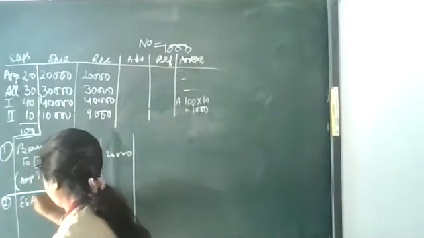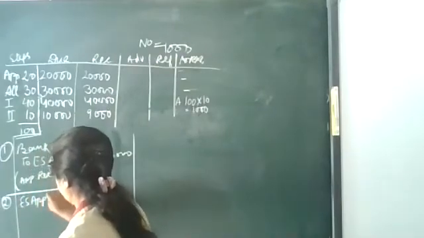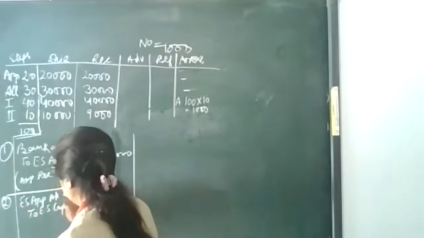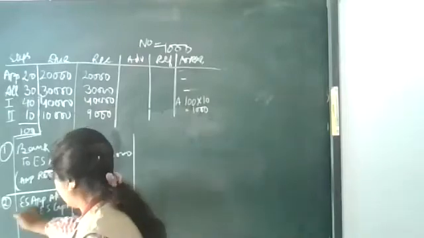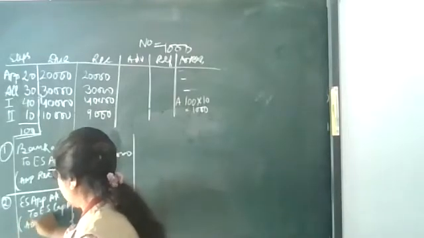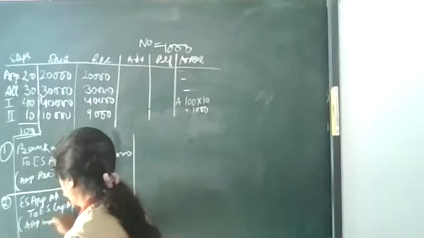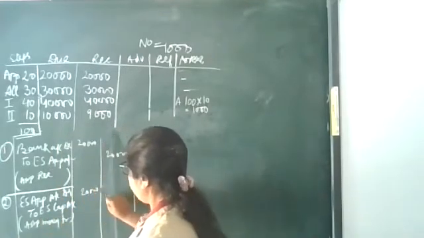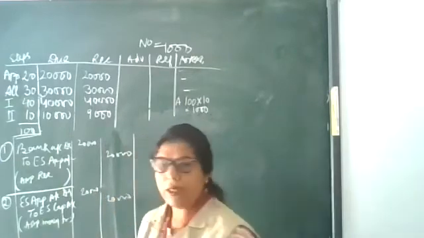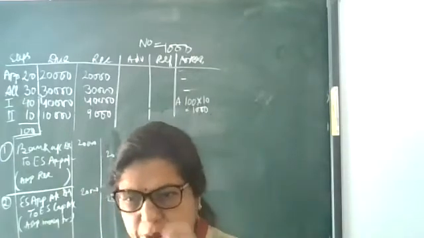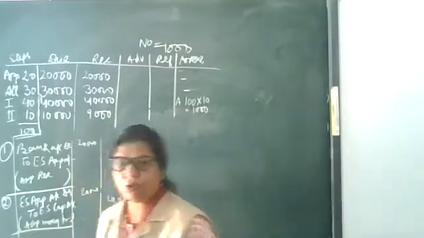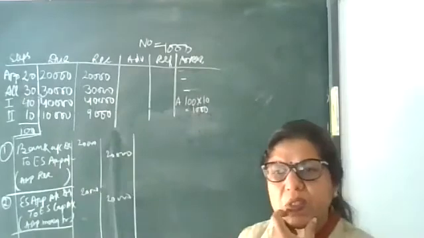ES application account debit to ES capital account, because this is part of capital. Application money transfer by 20,000. Got it? I'm sure you must have understood these two entries.